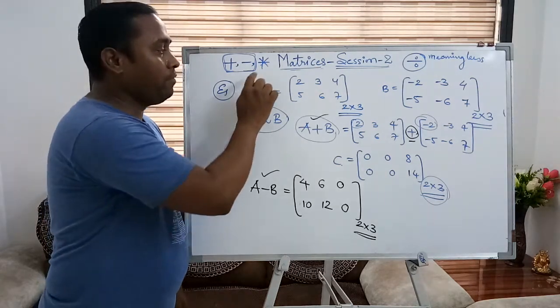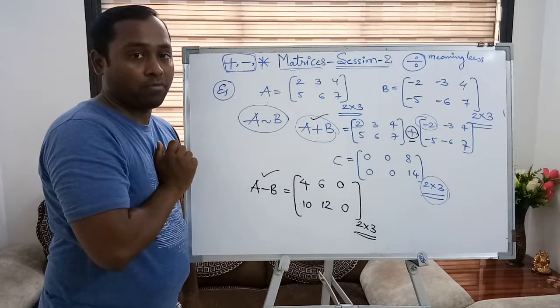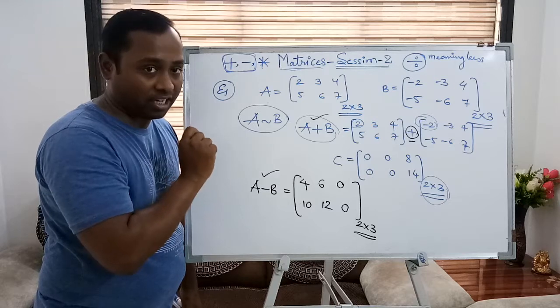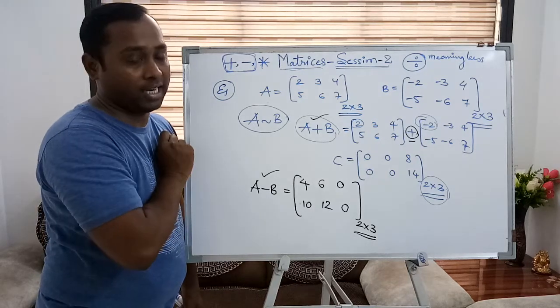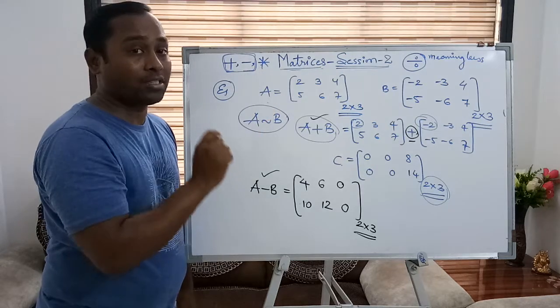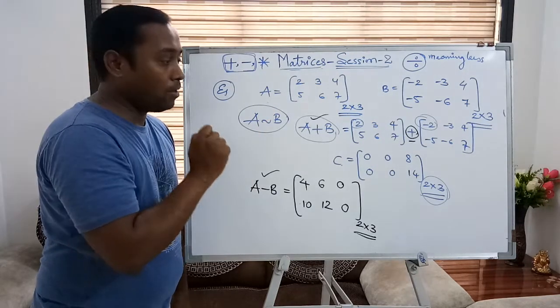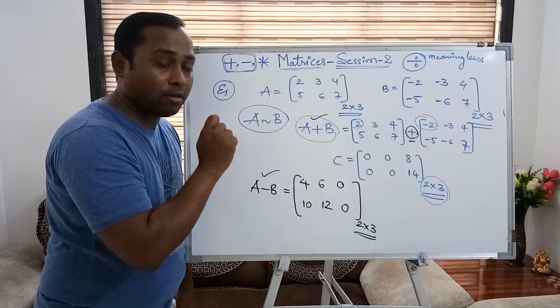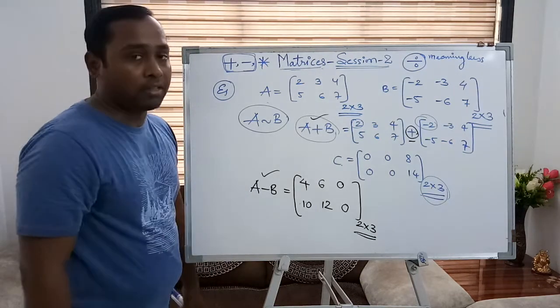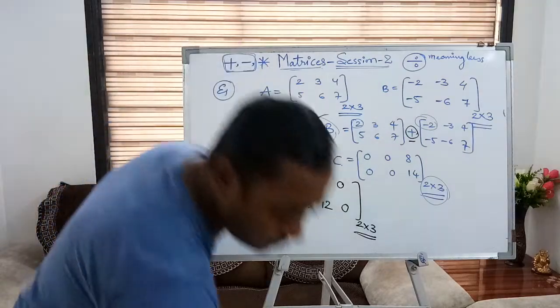But when we talk about multiplication of matrices, it's not as simple as the multiplication we do in the case of numbers. So that's why we need to understand the multiplication process in detail, and more specifically by using a particular method. So now try to understand the multiplication of matrices.